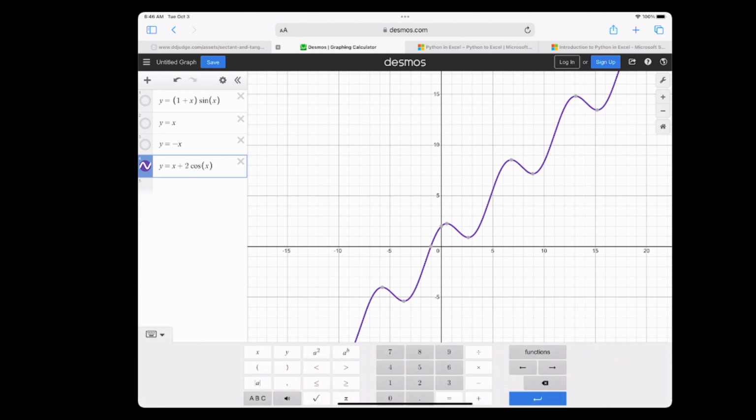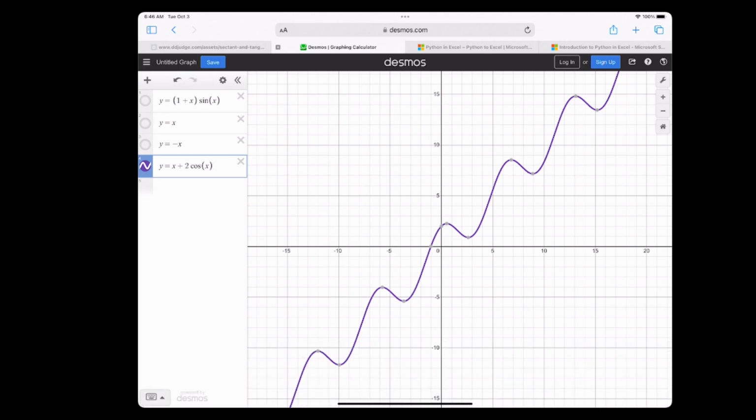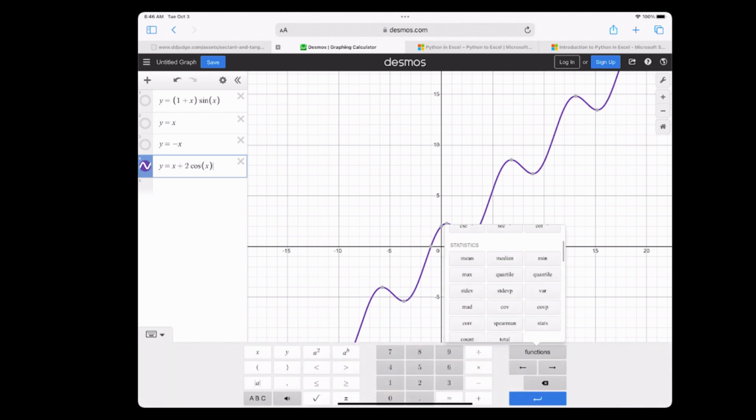Where is it? I need the brackets. Where are your brackets? I've only been using this a million times. We need the curly brackets. Where are you, curly brackets? Let's see, restricted domain, Desmos.